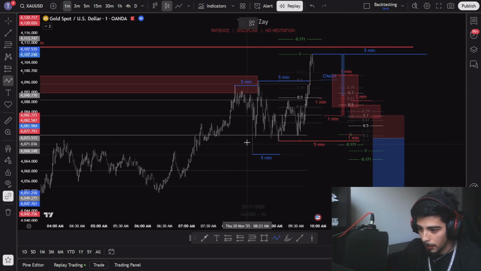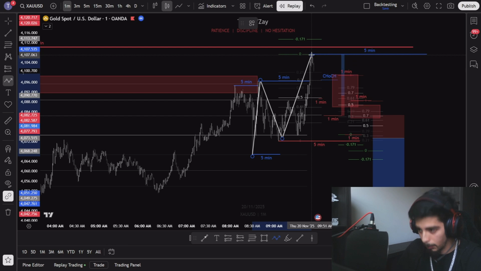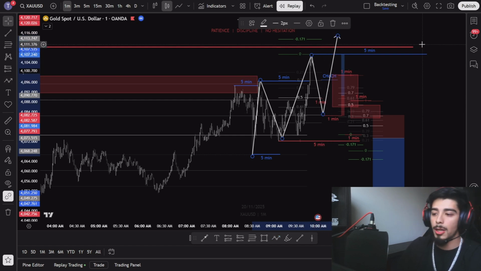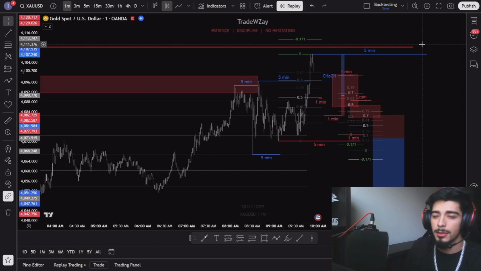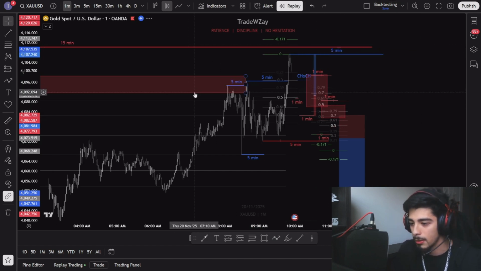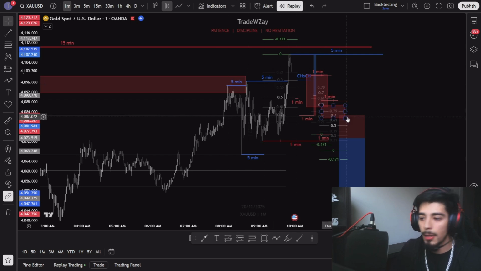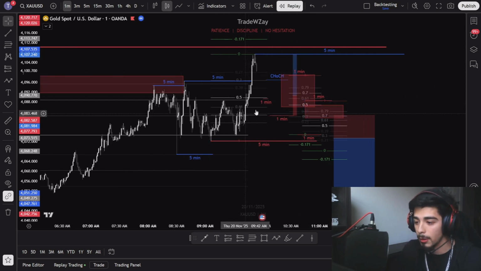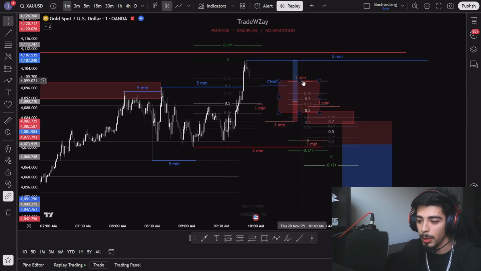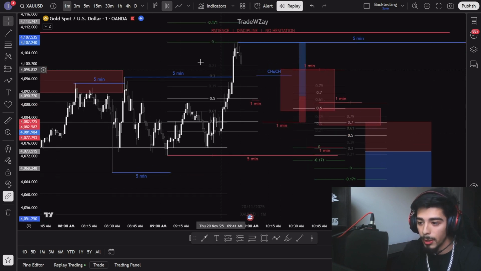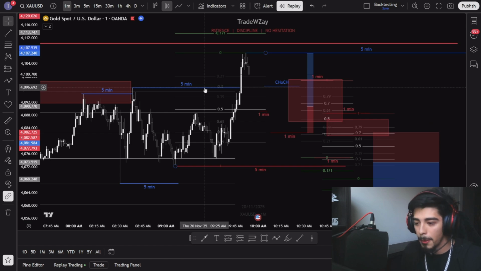On the 5-minute, it broke higher right here, pulled back, and then broke up again. So what can I expect? I can expect price to pull back down to push higher, right? This is going against my 15-minute time frame, but the 5-minute looked strong. It was printing bullish. So that's my mindset at the moment.